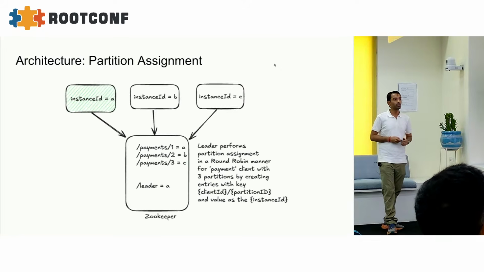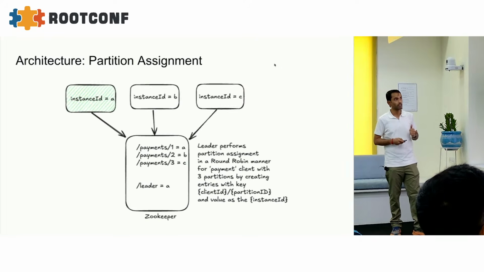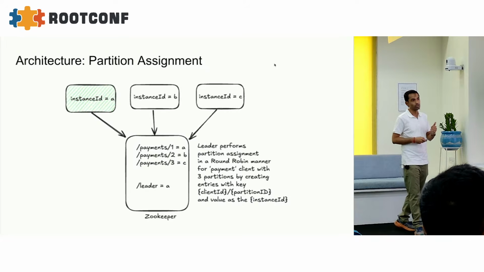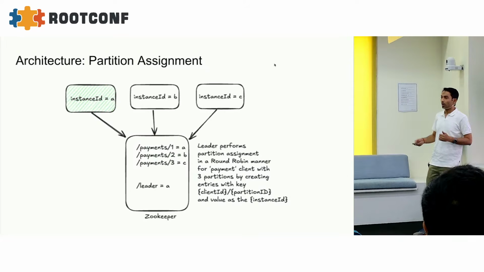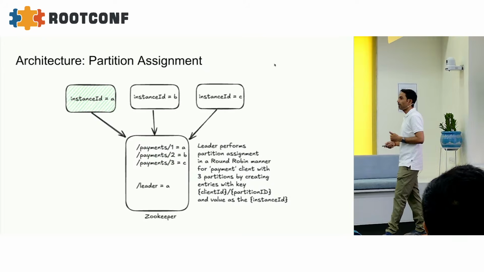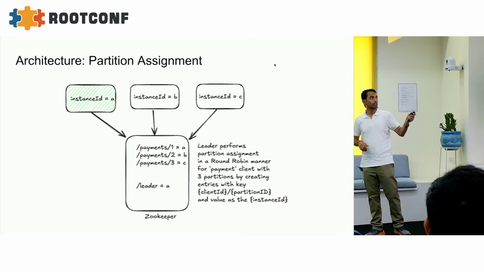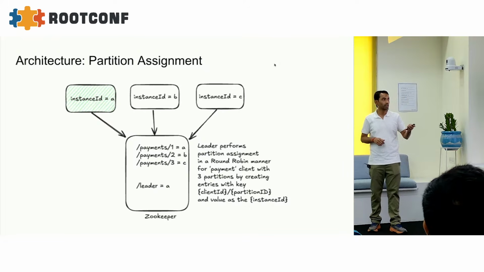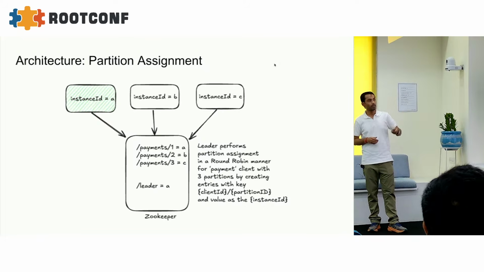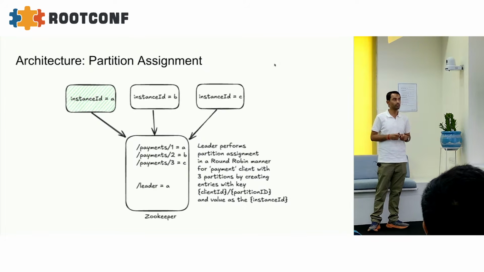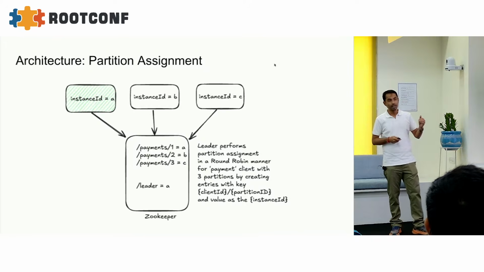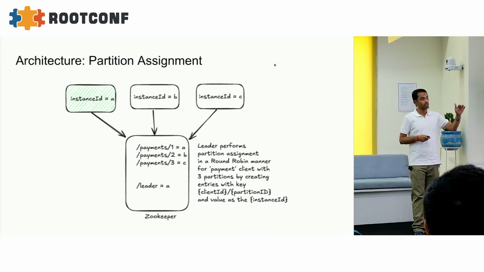Once a leader is chosen for a partition, that leader is responsible for assigning the remaining partitions to other instances. For example, here, let's say payments has 3 partitions. Once a leader has been chosen, it checks how many instances are available. Based on those, it assigns all the partitions to various instances in a round robin manner.